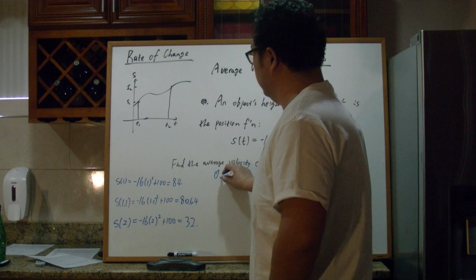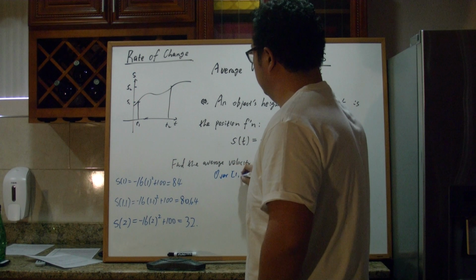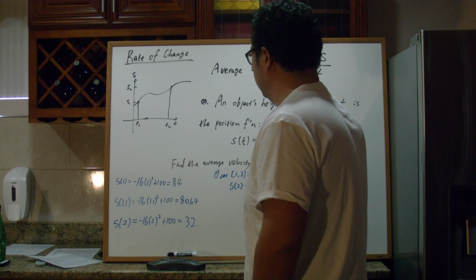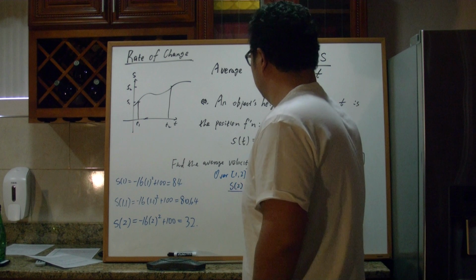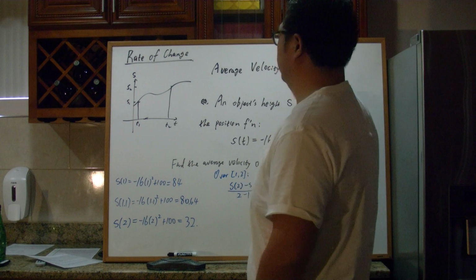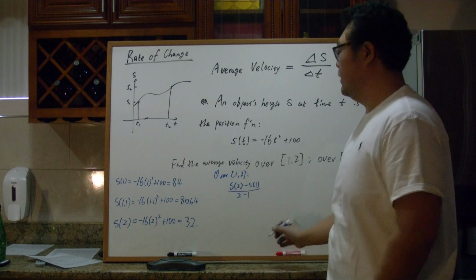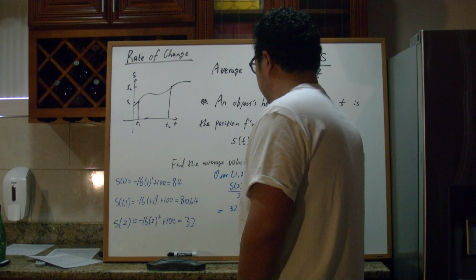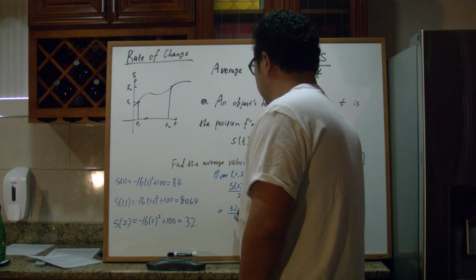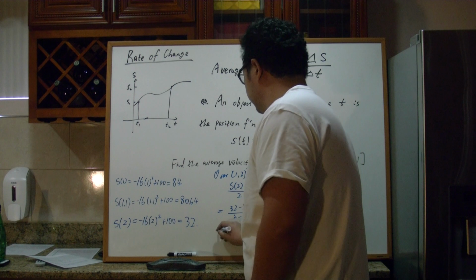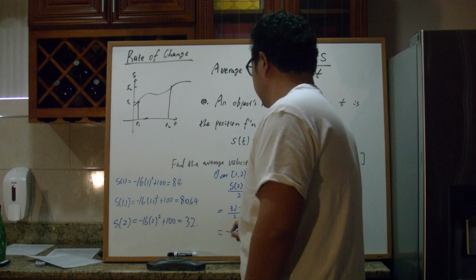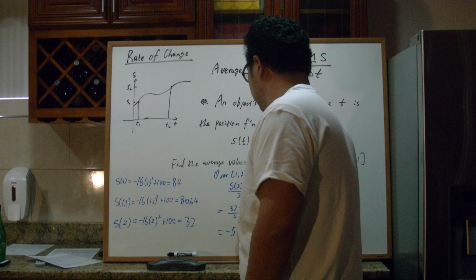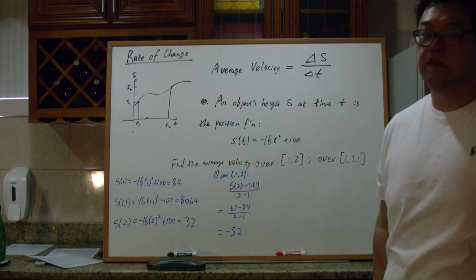So the first one over 1 to 2 is S2 minus S1 over 2 minus 1, the difference of the position over the difference of time. That's 32 minus 84 over 2 minus 1, which is negative 52.